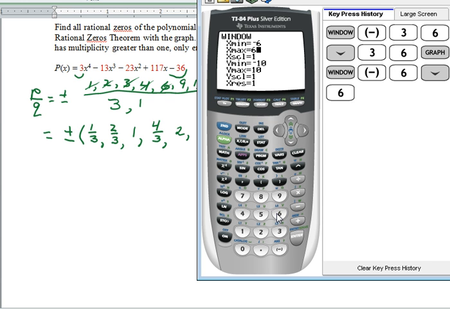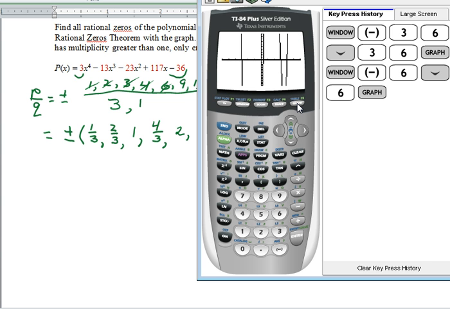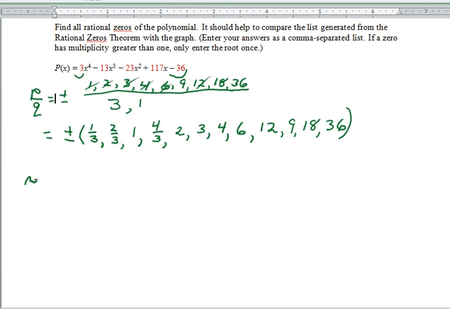And I don't think we're going to have lost any of those zeros. We see 4 places where the curve is crossing the x-axis. And we're not going to say that we know what they are exactly.